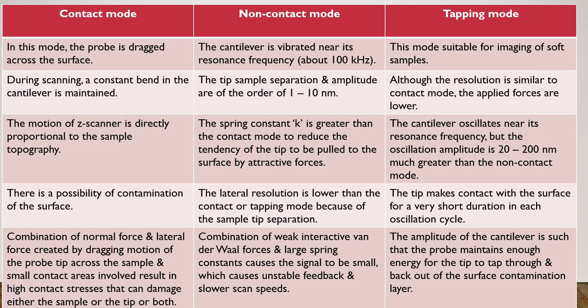The tip makes contact with the surface for a very short duration in each oscillation cycle. The tip sample interaction alters the amplitude, resonance frequency, and phase angle of the oscillating cantilever. The amplitude of the cantilever is such that the probe maintains enough energy for the tip to tap through and back out of the surface contamination layer.